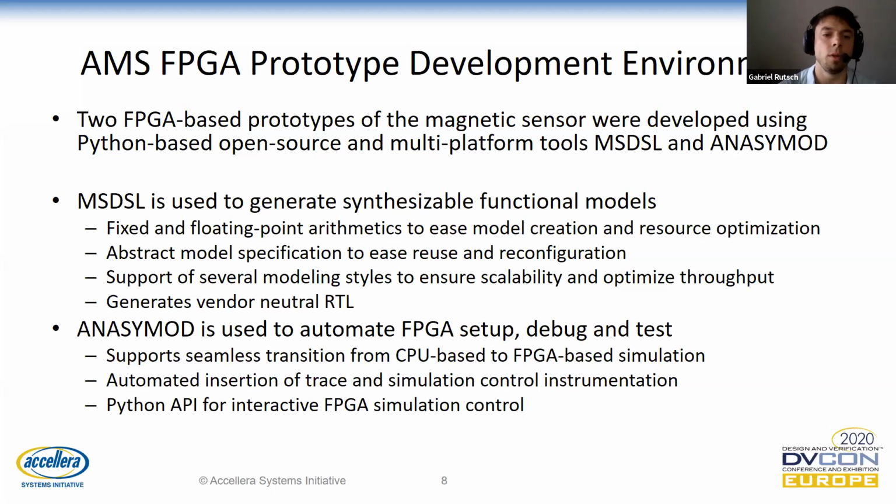As I already mentioned, we made use of an abstract model specification layer that eases reuse and reconfigurability of the models. On top of that, especially in order to also represent more complex behavior in a compact way, we support different modeling styles. As an example, you could either put down the equations one by one and assign them to certain variables in the model, or you can just provide a system of linear differential equations, and this will be solved automatically by the framework.